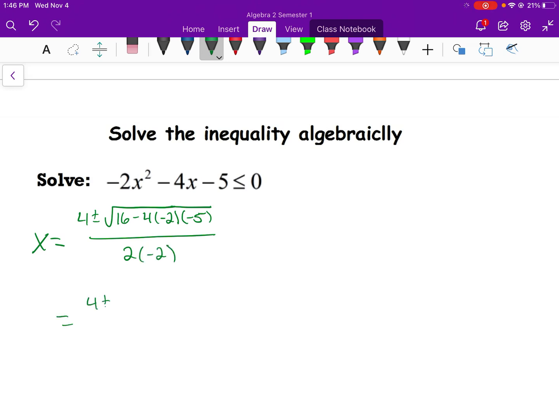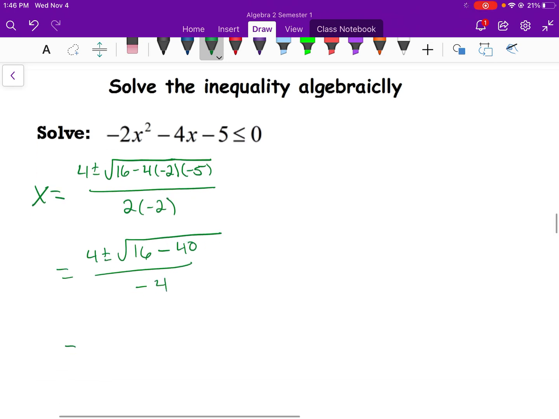So from there, we got 4 plus or minus the square root of 16 minus 40, over negative 4, which is equal to 4 plus or minus the square root of negative 24 over negative 4. So this is a case where we came up with imaginary solutions.